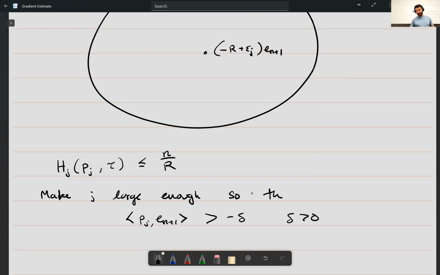You can make it as small as we want, based on the claim I used, claim 1. I can bound its e_{n+1} component in the negative direction.